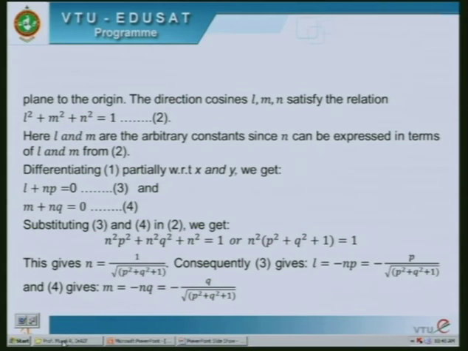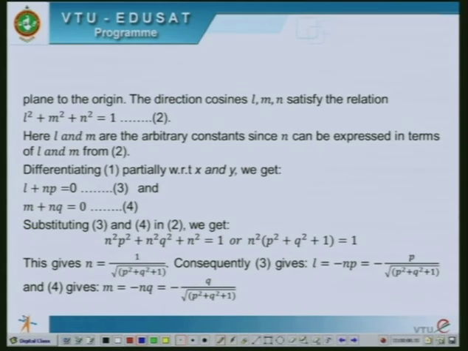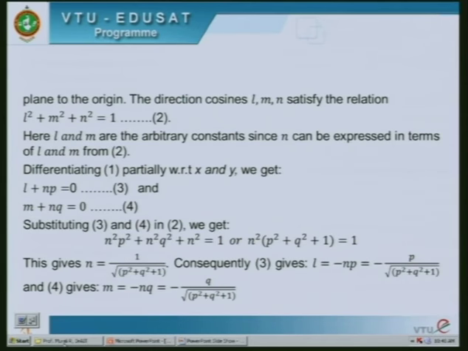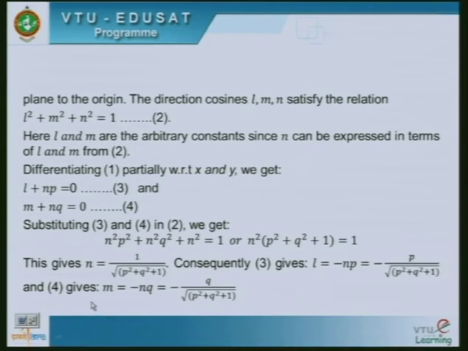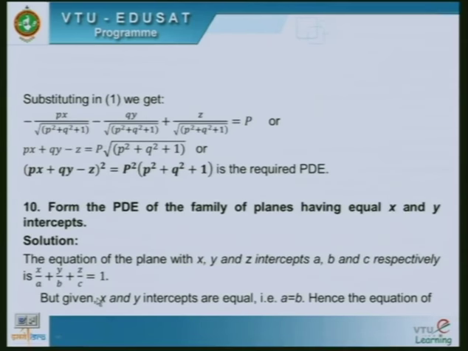Now, this problem is a geometrical example because it involves the plane in its normal form. This is also called the equation of the plane in its normal form. So, once you have the values of l and m, you have l, you have m.